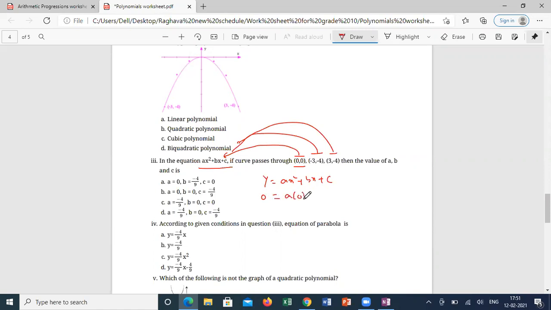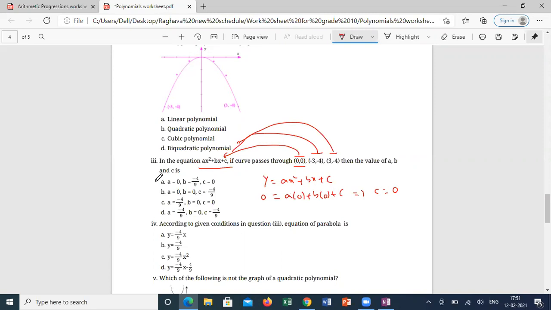So a into 0 plus b into 0 plus c. So what is the c value here? 0. So which options have c value 0? Option A and option C.